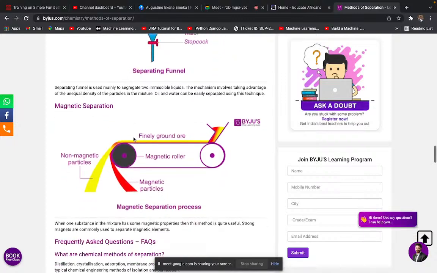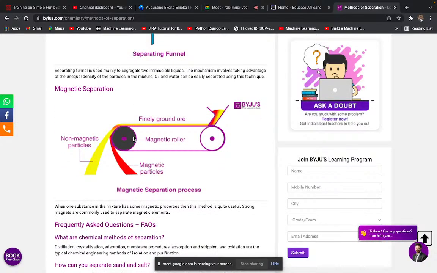Okay. Then we have magnetic separation. This one is very very simple. Whenever you want to separate something that is magnetic from a non-magnetic substance, you're going to use magnetic separation. When one substance in the mixture has some magnetic property, this method is quite useful.